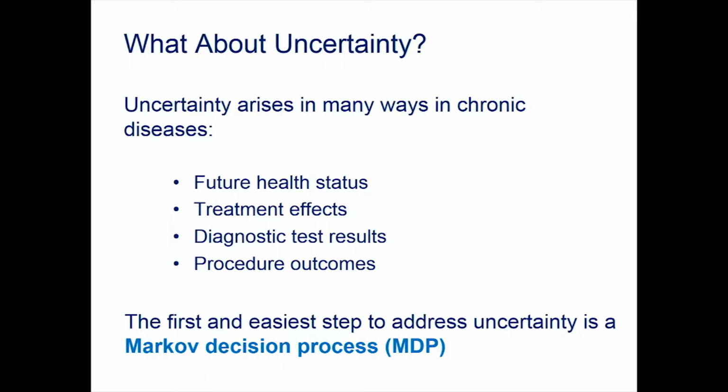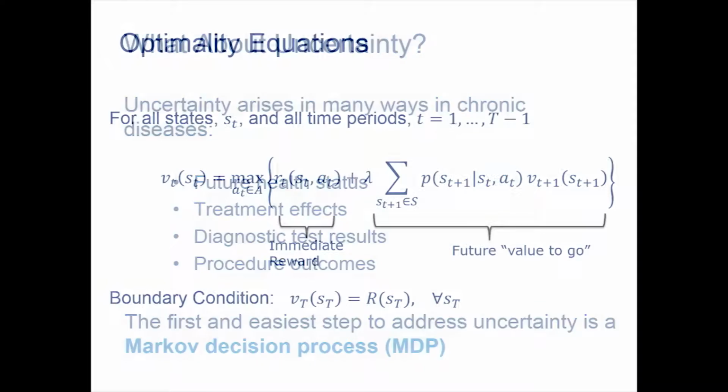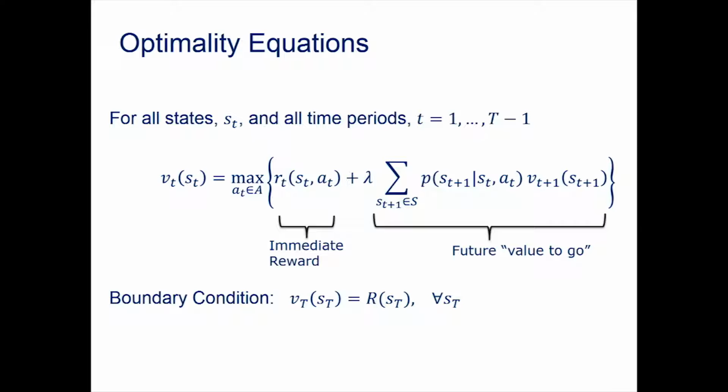And so that takes you into an extension to stochastic dynamic programs, or Markov decision processes would be the simplest version of that. So the optimality equations in this case, again, we have a state. It encodes all the information that we need to make decisions, finite horizon, that goes to capital T, but this is the last decision point. And then the optimality equations look just like what we had before, an immediate reward plus a future value to go, but instead of this deterministic transfer function, now we have probabilistic transfer.